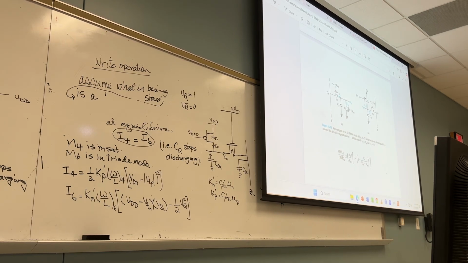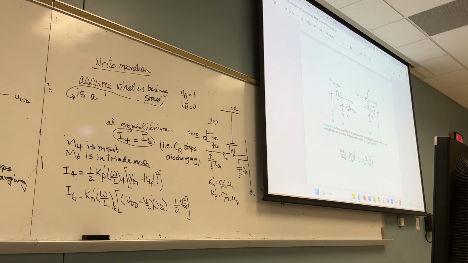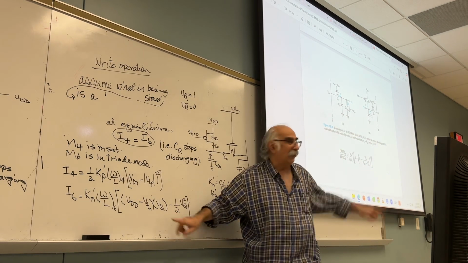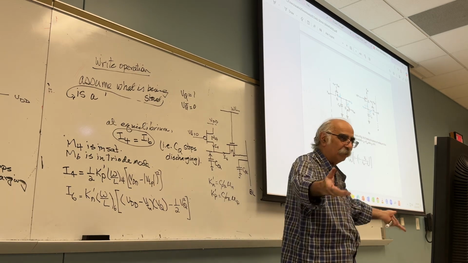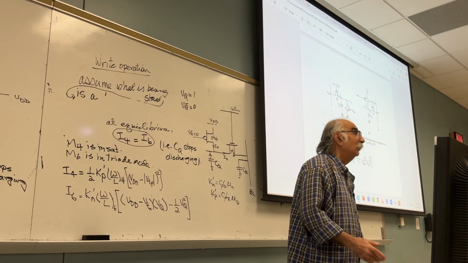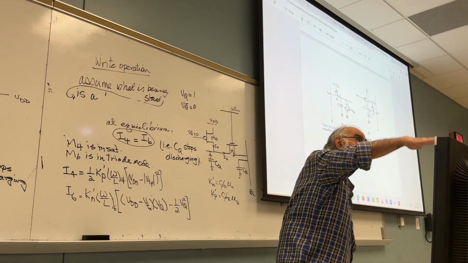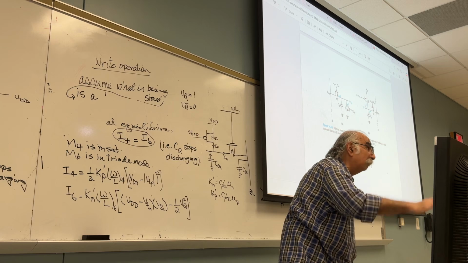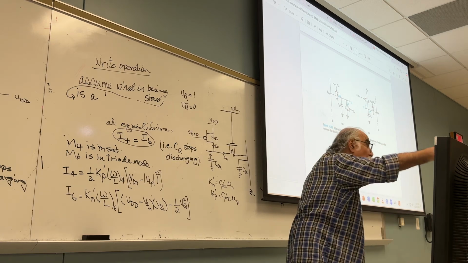Do you see VQ in this equation? Where is the VQ in there? The VQ is here. I want the VQ to discharge all the way to VTN or below, so that it will switch.